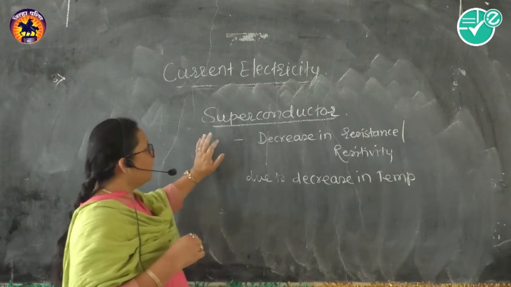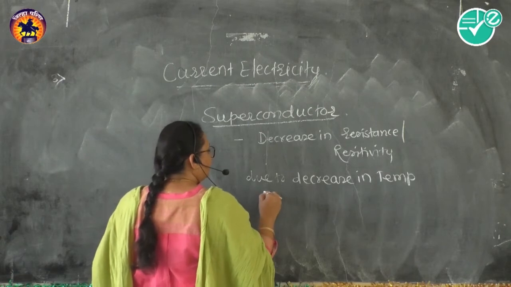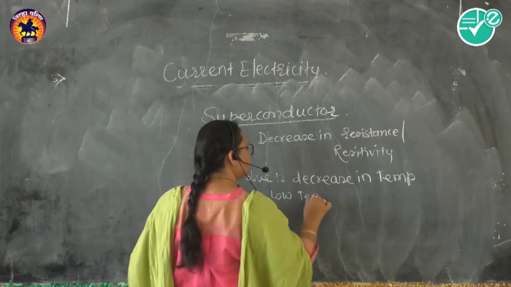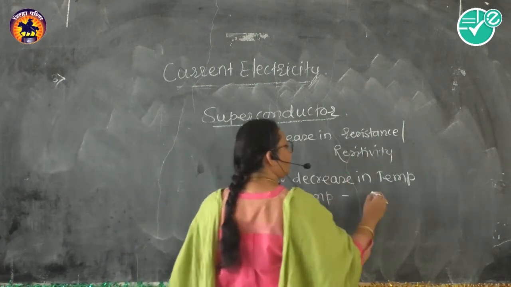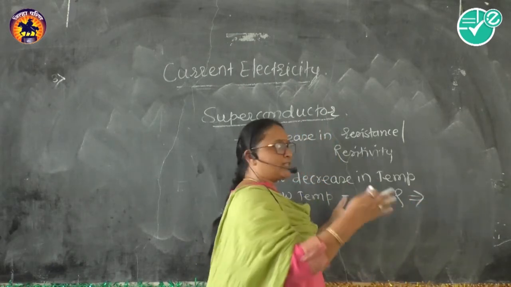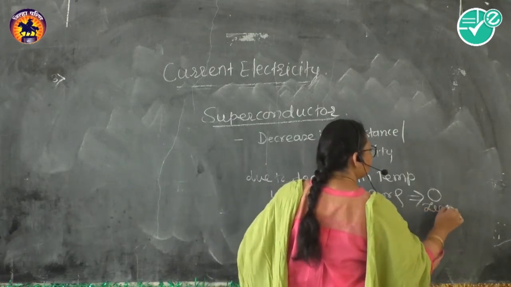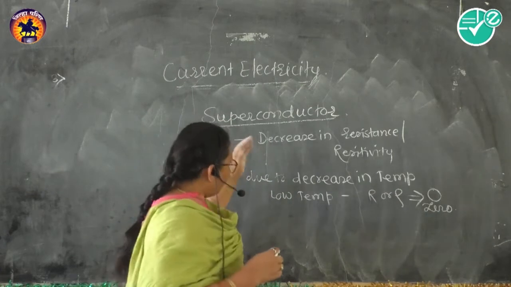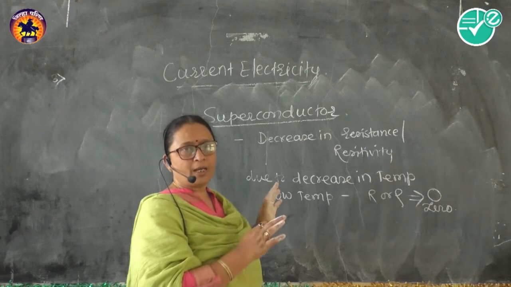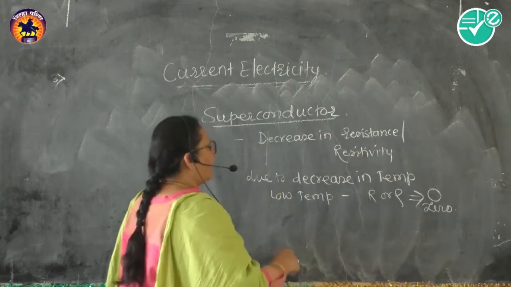There are certain superconductors for which at very low temperature its resistivity or resistance value decreases to such an extent that they will have a zero value. Means at low temperature, these are the materials which are behaving as good conductor, ideally a good conductor.